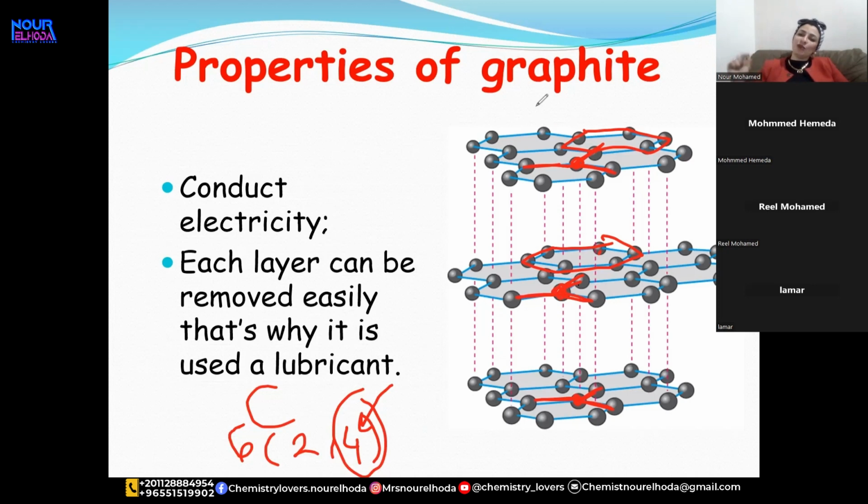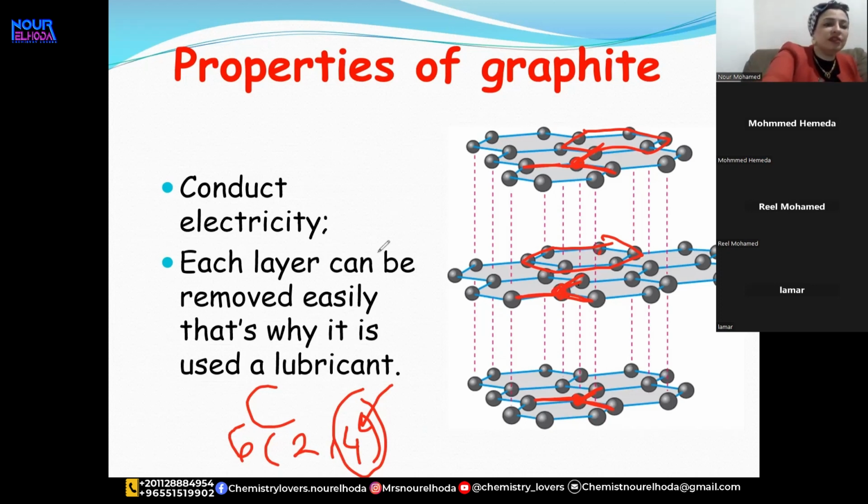When you put a little amount of oil, the door will open and close without any silly sound. The oil is a lubricant. The same for graphite: it's going to decrease the friction. If he asks why graphite is a lubricant or why it is used in pencils, I will say because the forces between the layers are really weak, so the layers can slide over each other.